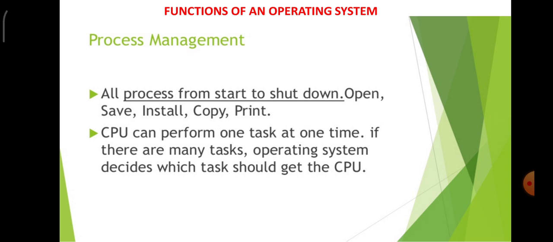If there are many tasks, the operating system decides which task should get the central processing unit. That is, the CPU will do multitasking. Many jobs are done at a particular time. For example, you may open a file, print some file, share some file. All these things are jobs. It will decide depending upon the size which task should be performed first and which later, based on size and also on priority.